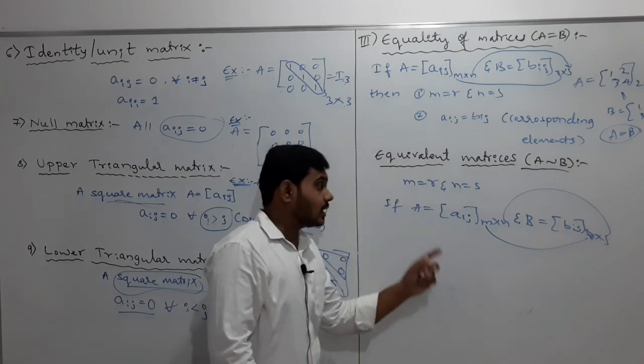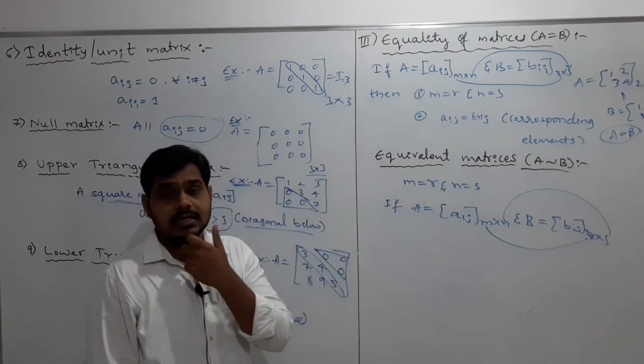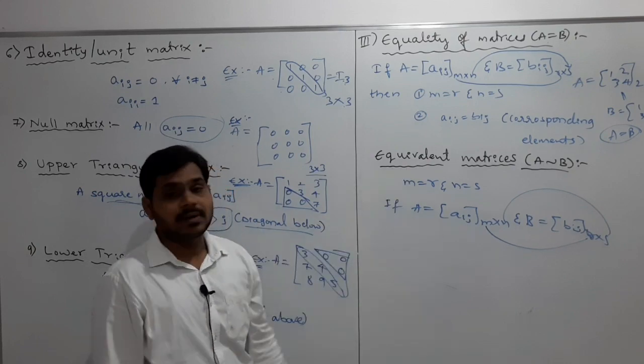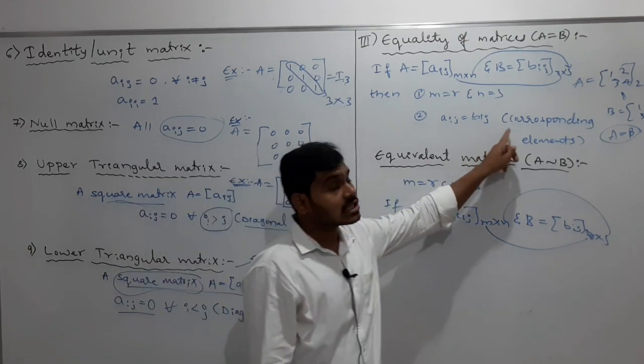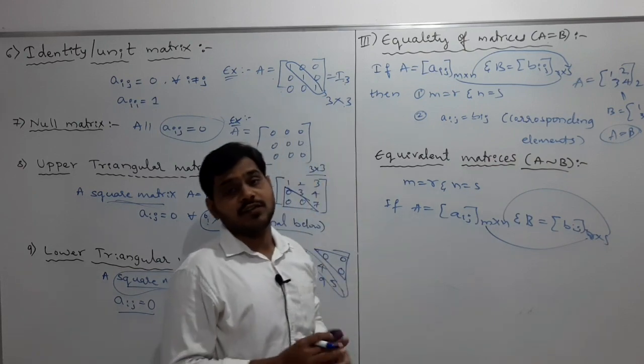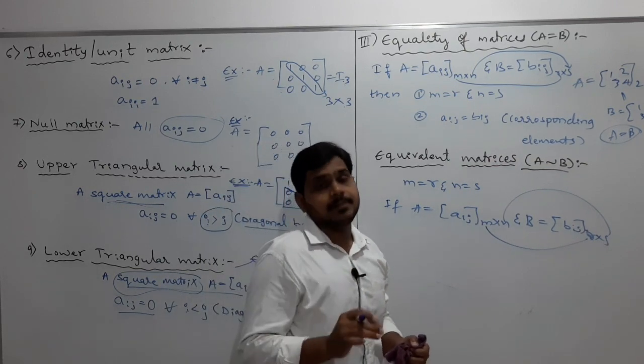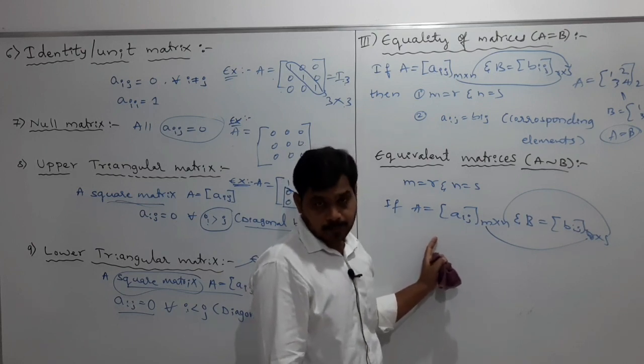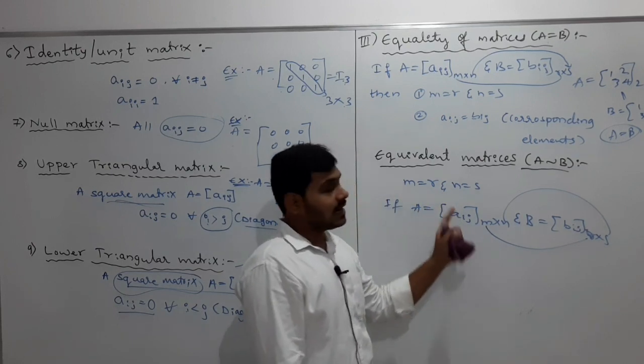It means the order should be the same, that's all. If the order is the same, you can say they are equivalent matrices. The corresponding elements do not matter. Elements may be different, but the order should be the same. Such matrices we call equivalent matrices.